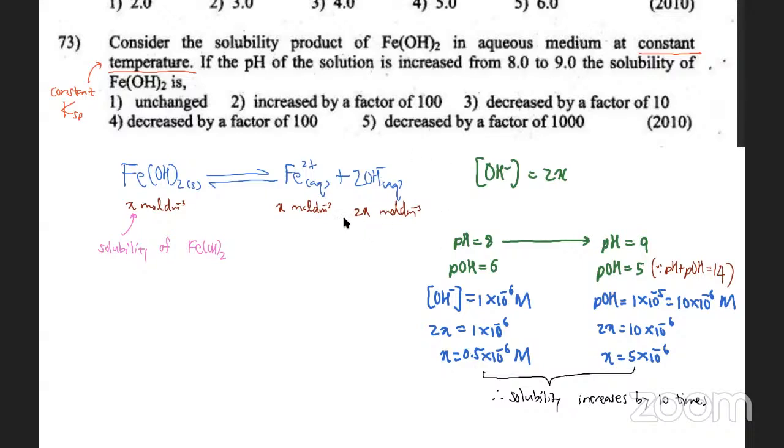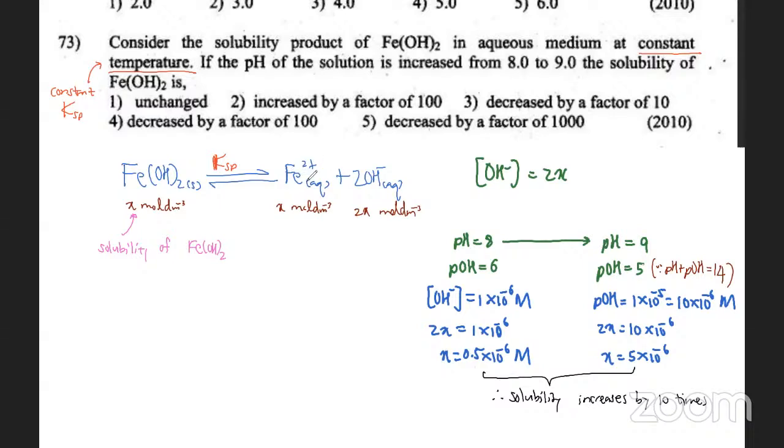So this is one way of approaching it. If pH is changed, listen to me carefully, Ksp can't change. Ksp is constant because temperature is constant. So if you are changing the pH, that means you are changing OH minus externally, and Fe2 plus concentration will also change.